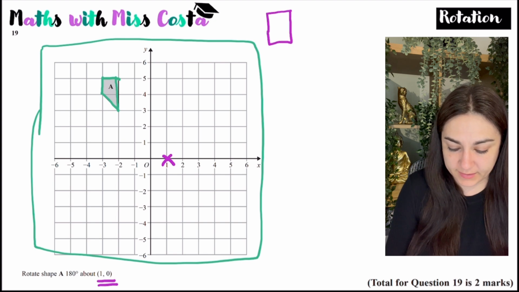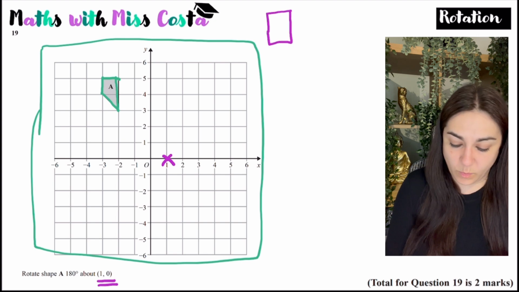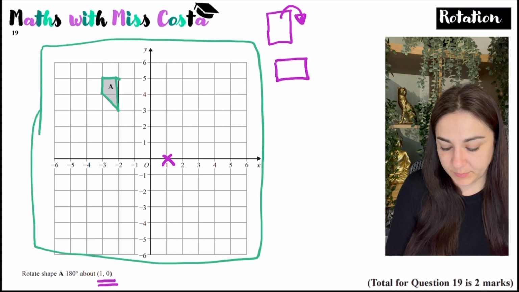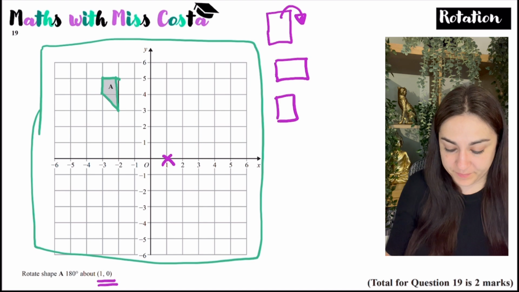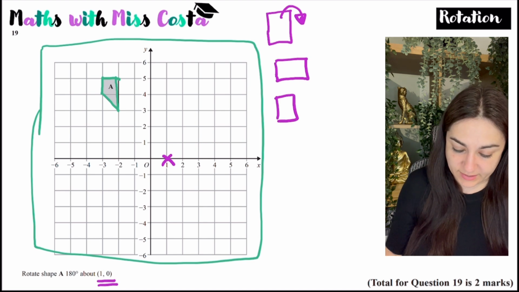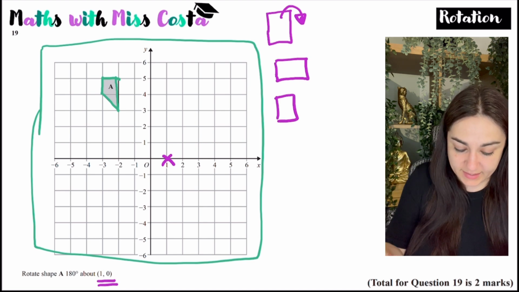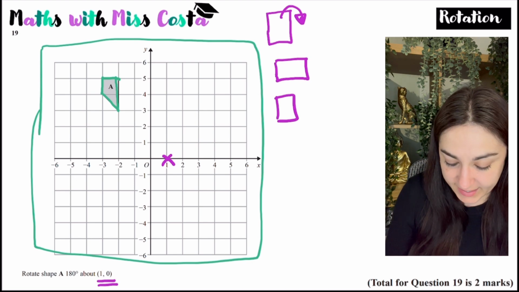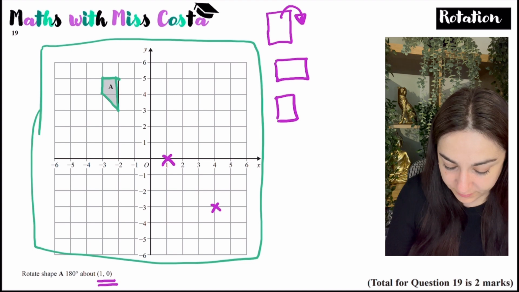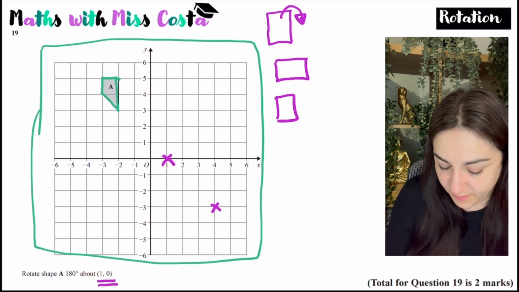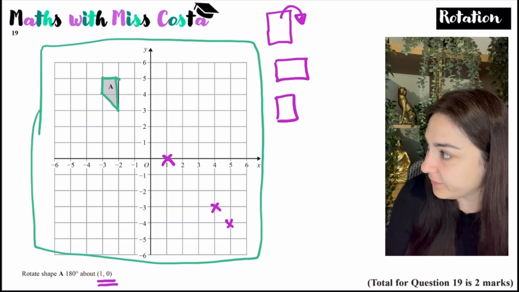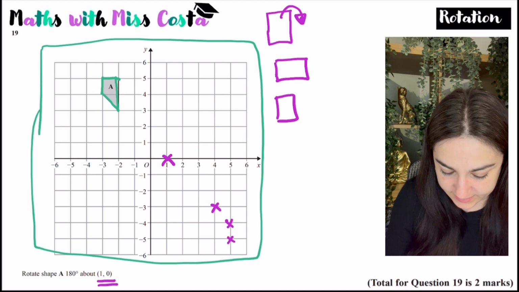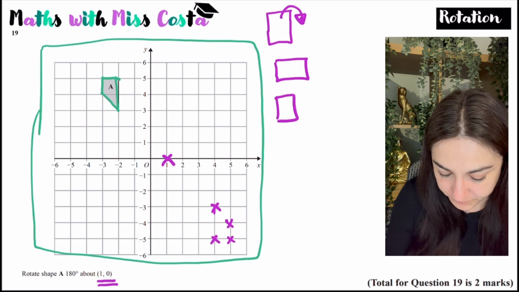Now, a 90 degree rotation is a quarter turn. So it's when you turn your paper once round like that. A 180 degree rotation is when you've turned your paper twice. So once you've turned your paper twice, the coordinates you should get would be 4, -3, then 5, -4, 5, -5, and 4, -5 as well.